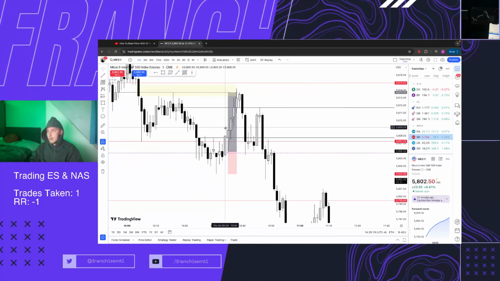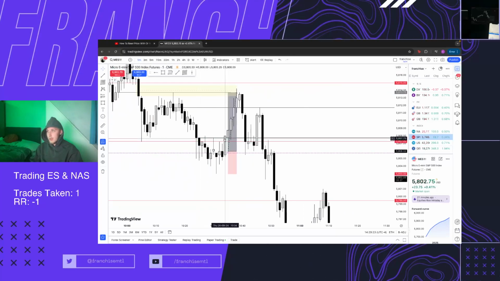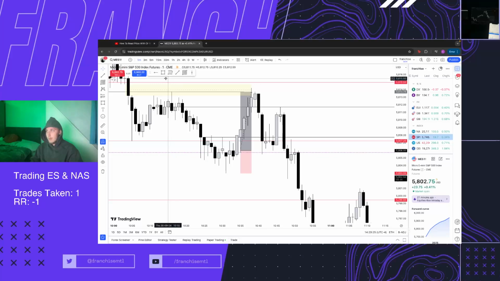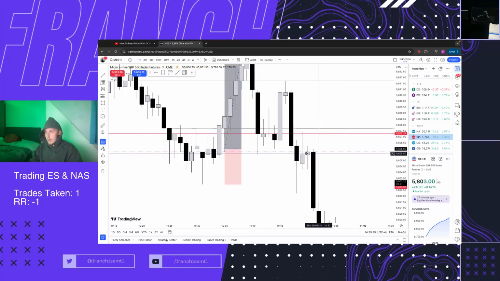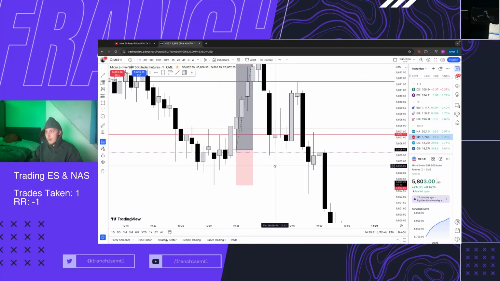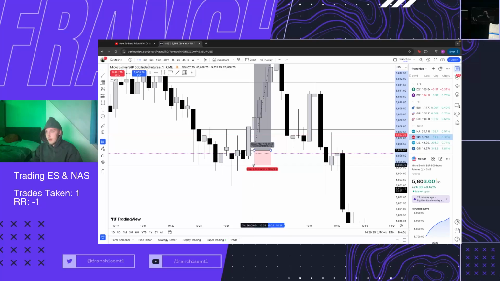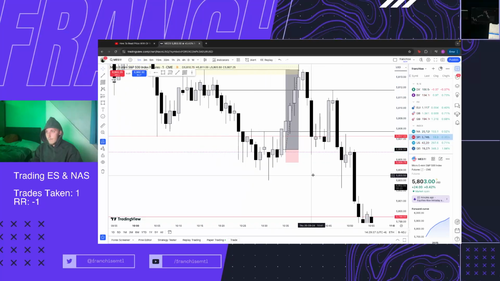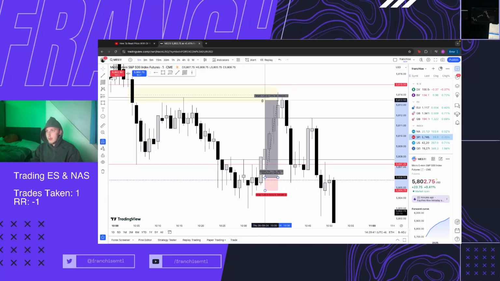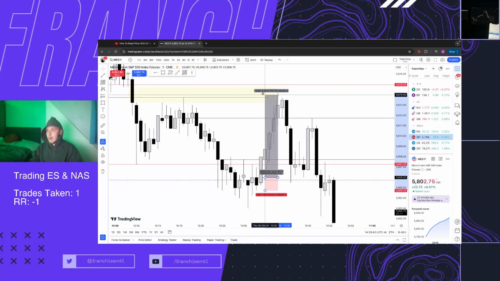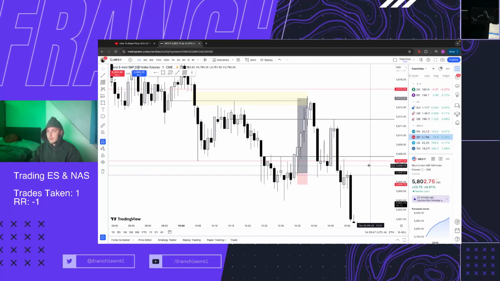Let's look on now. So we displaced up at 10:34, changing the state of delivery at 10:35. What did we do? Tapped into the order block right here, opening price right there. Stop could be here or at that wick. Take profit: buy side liquidity, bottom of the fair value gap, consequent encroachment of that fair value gap, and bang.